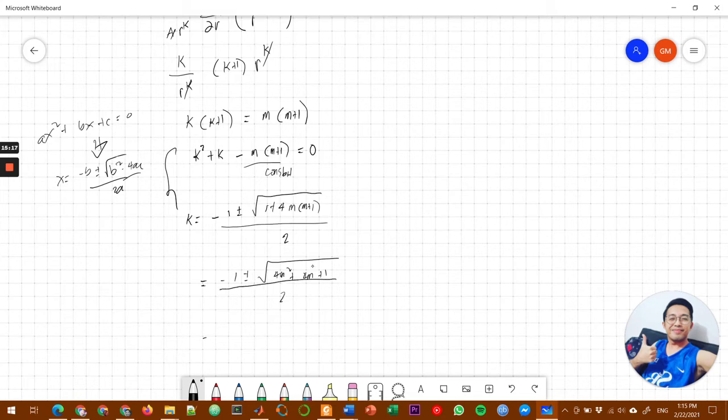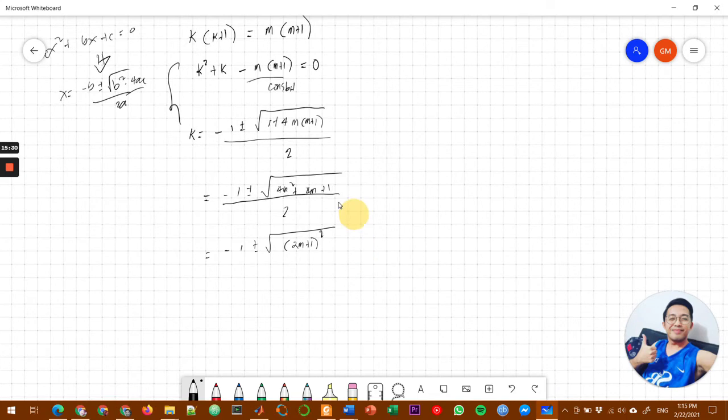I hope you can follow. This one is actually 2m plus 1 squared. So that would be over 2. So this is negative 1 plus and minus the square root, so the result is just 2m plus 1, right?